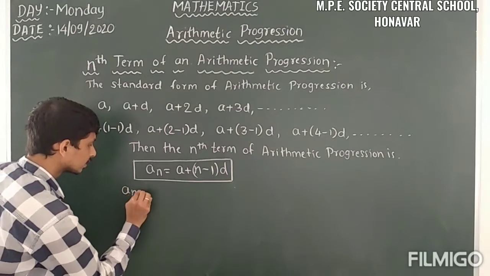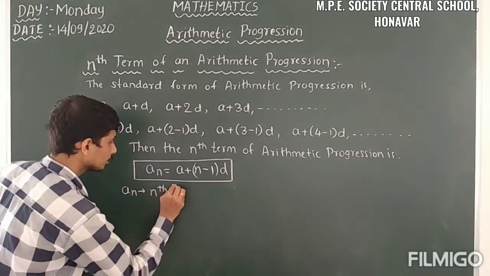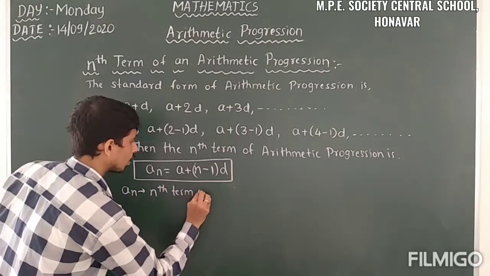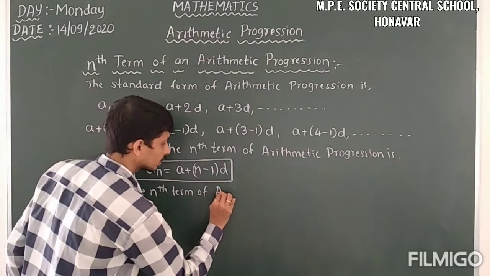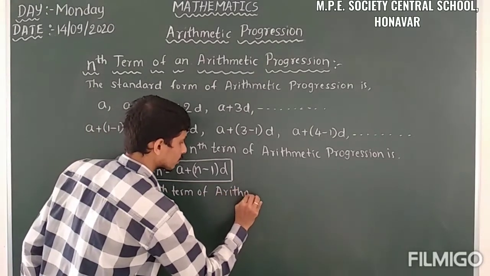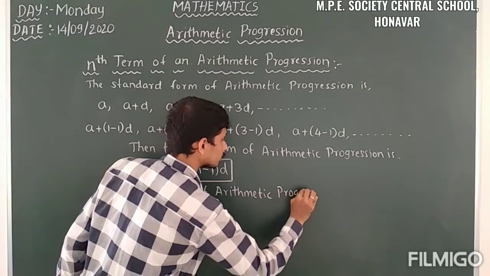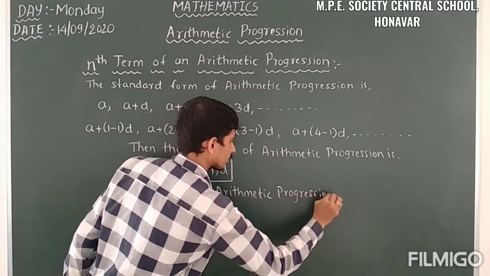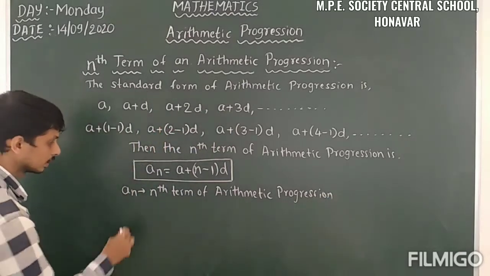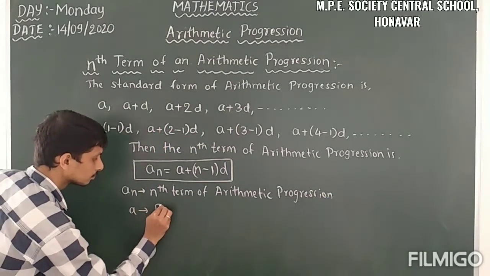An is the nth term of arithmetic progression. Then a is the first term.